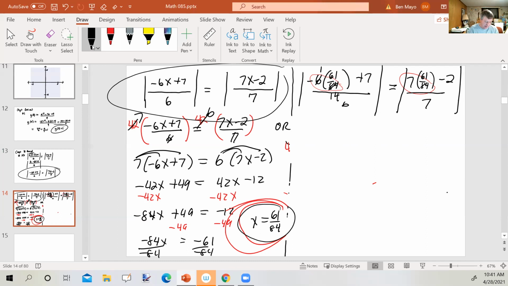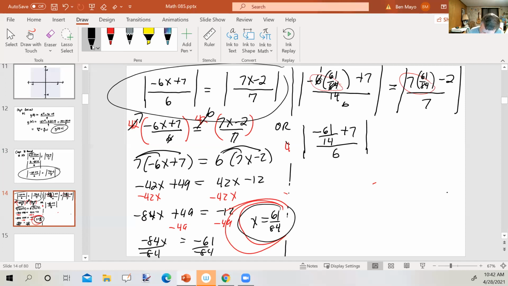Is that right? 84 divided by 6 is 14. So that gives me negative 61 over 14 plus 7, all over 6. All I did was take the 6 over the 84 and reduce it to 1 over 14.